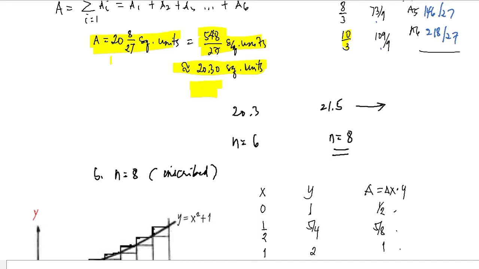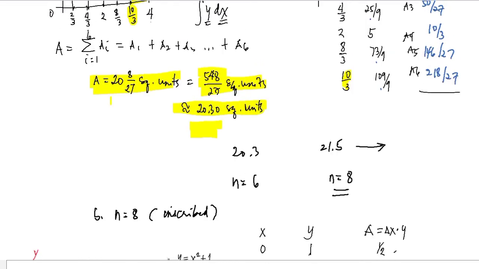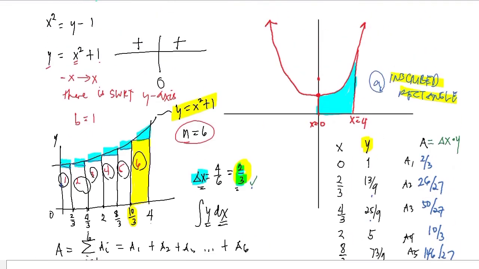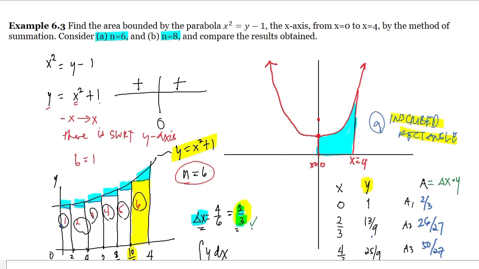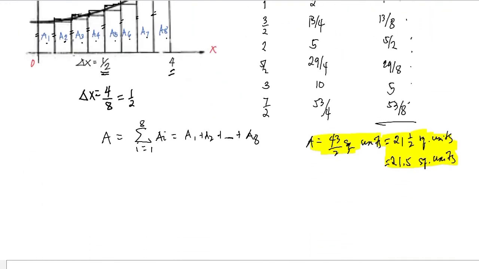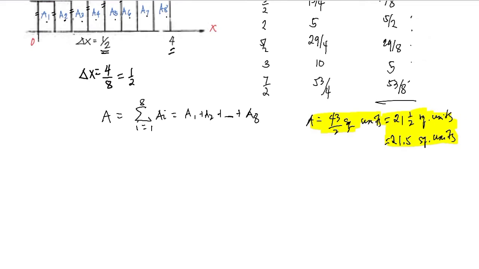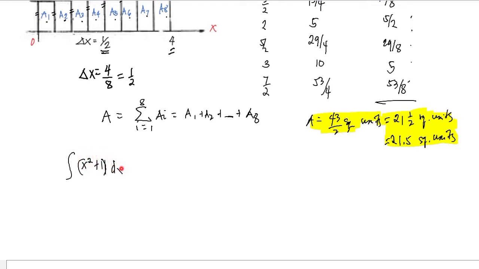So, kung curious kayo kung ano yung tamang sagot natin, pinaka-true value, we can apply the idea of the integral calculus. Isingit ko na dito para isang discussion na lang. That's x squared plus 1. So, tingnan natin ha. We would have the integral of x squared plus 1 dx, no?